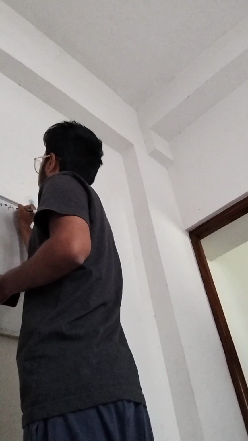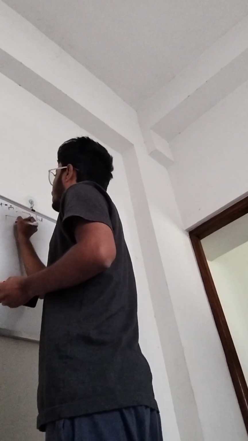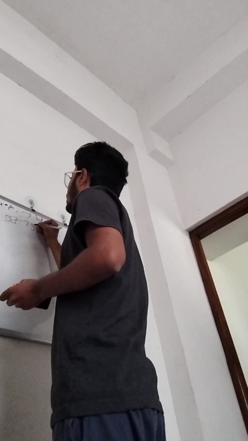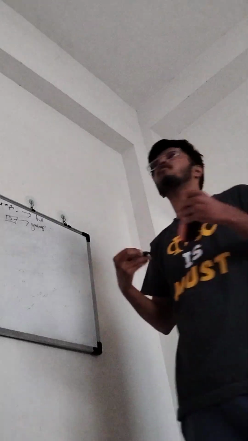Let us say you just wrote int star ptr. This is a very bad practice because it will point to some garbage value and you won't be able to track it in a good way.